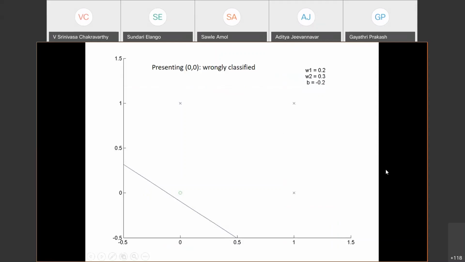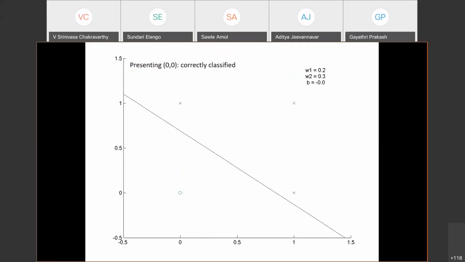Initially the decision boundary is here, which is wrong, right, because it's putting all the 4 patterns in one class. So when you present the first input, it will give a wrong answer. When you give the second input, it gives the correct answer. Third also correct, fourth also correct. So out of 4 patterns, it's giving 75% correct, right? Then you train it again, update the weights.